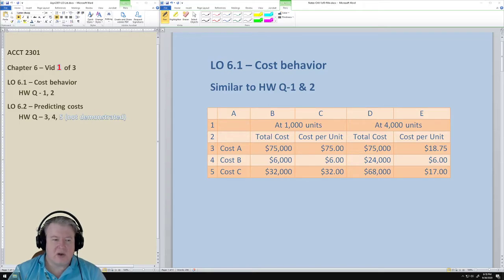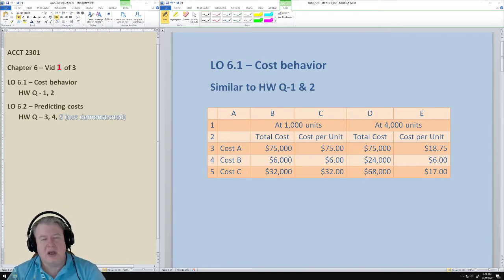One little thing that I am going to be doing differently is that you can see over on learning objective 6.2, I have something highlighted in whiteout. I've decided that rather than go through every homework question, I'm going to do 1 or 2 of the homework questions for each learning objective and leave 1 or 2 for you to get through on your own, because I feel like they're similar enough that if I explain the basics in one, it might be a better learning experience if you work through one without direct demonstration.